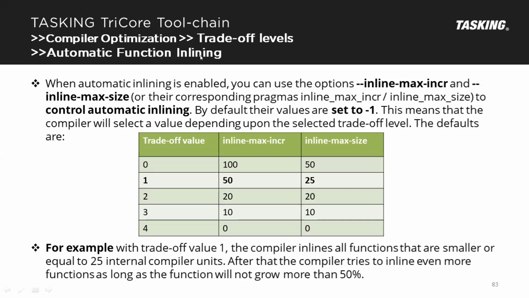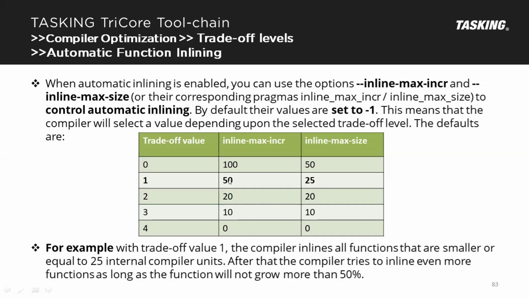As I mentioned, whether you inline a certain function in your code or not depends on the trade-off value. You have two factors controlling this inlining process: the inline maximum increment and the inline maximum size.